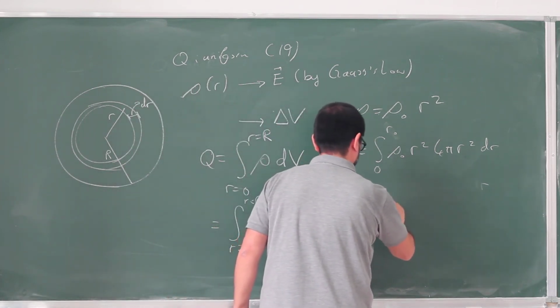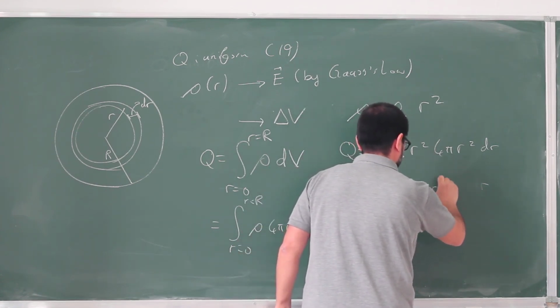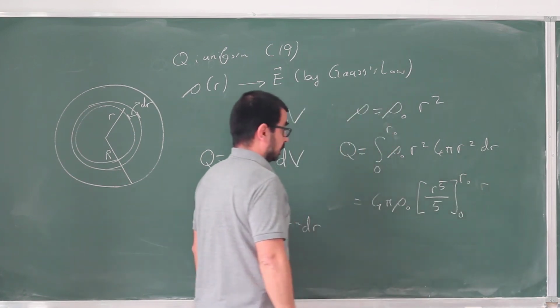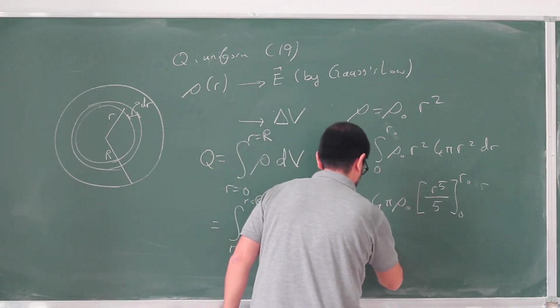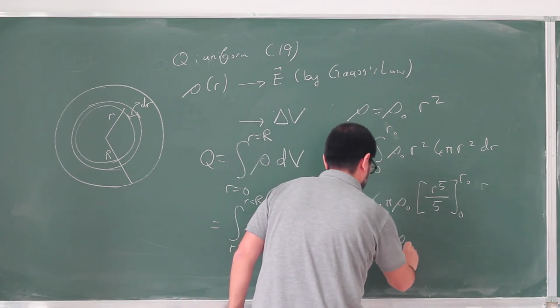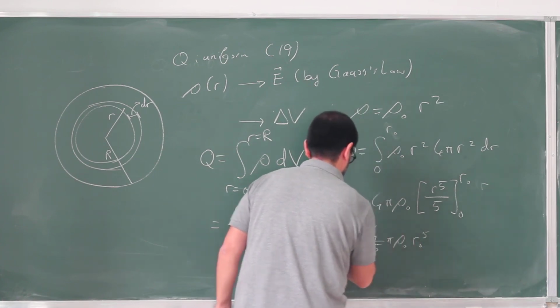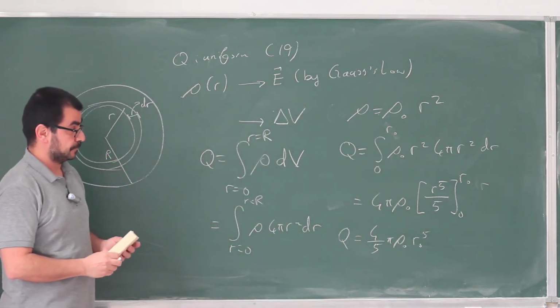So this 4 pi rho 0 comes out, and we have r to the 5th over 5 from 0 to r0. And so we get 4/5 pi rho 0 r0 to the 5th is equal to capital Q, from which you can solve for rho 0.